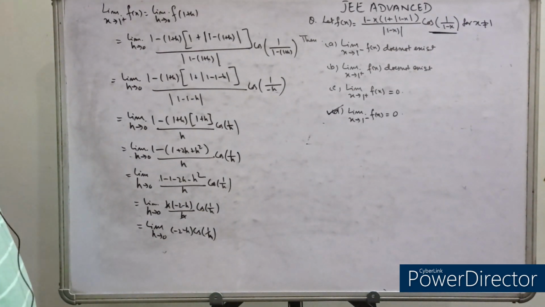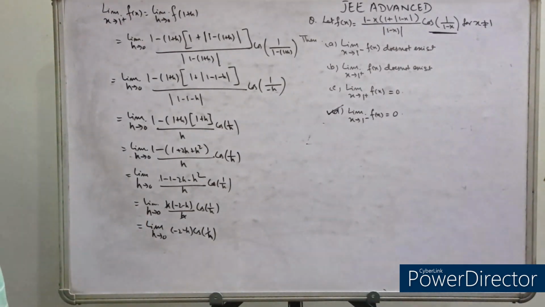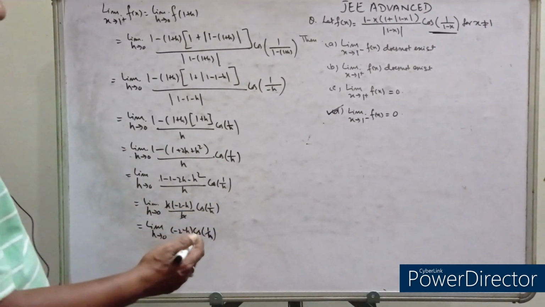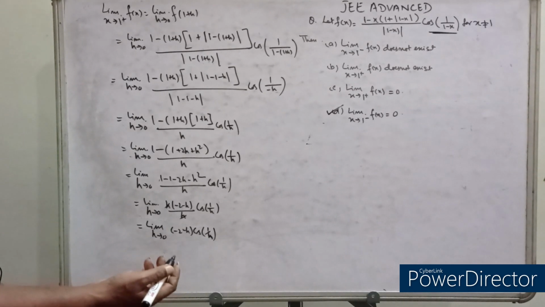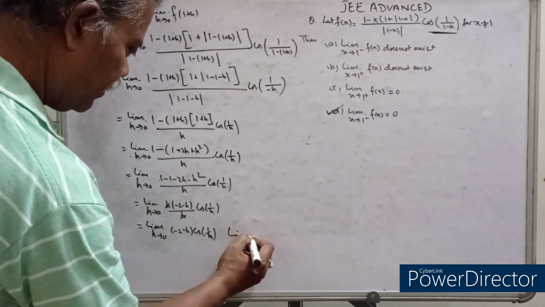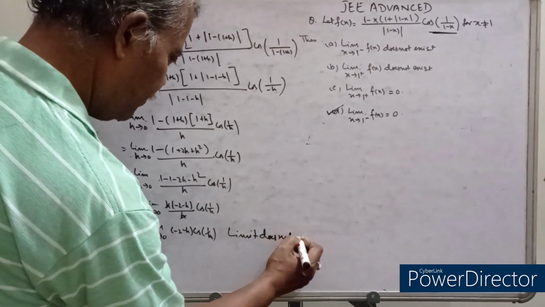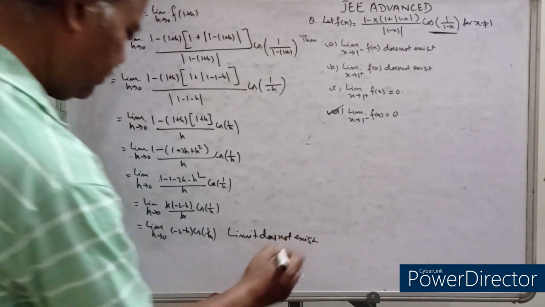So you do not know anything, and the problem is that you are unable to give any decision. When you can't give any decision, that means your limit does not exist. Therefore you say that the limit does not exist.